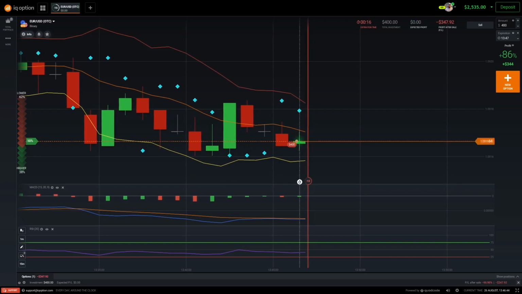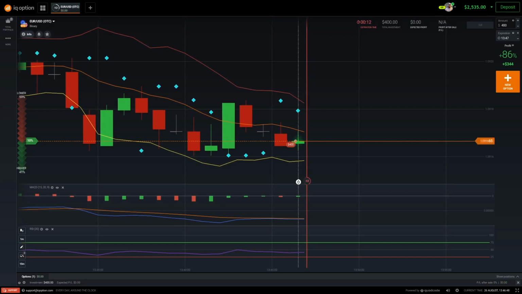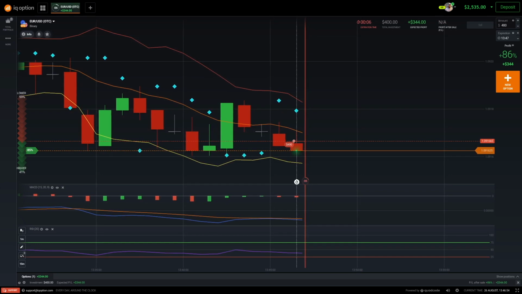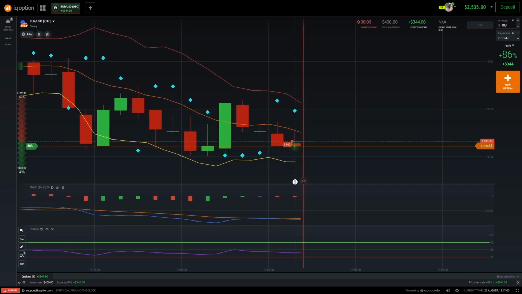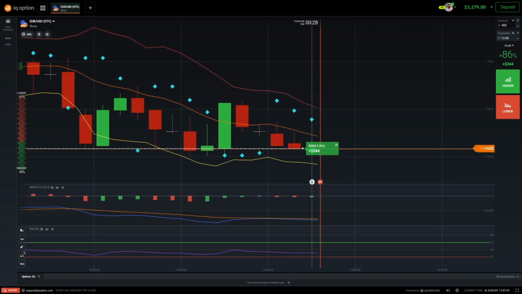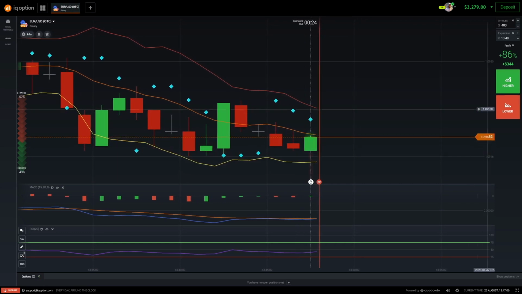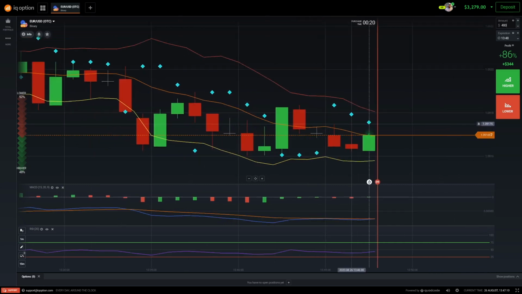Trust yourself, trust your strategy, and be ready to go against the indicators, because this may happen sometimes. So another red candle, just as I predicted, not as the MACD indicated or signaled. Yeah, I believe we still have like 4 other candles to trade.